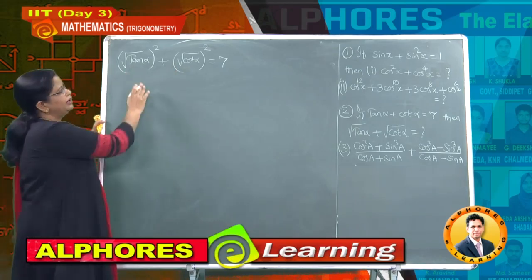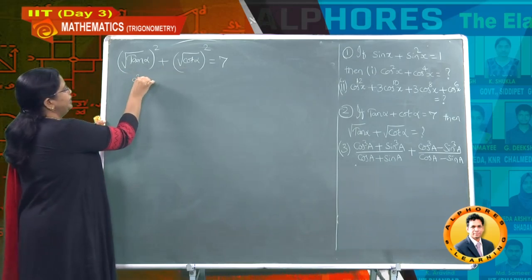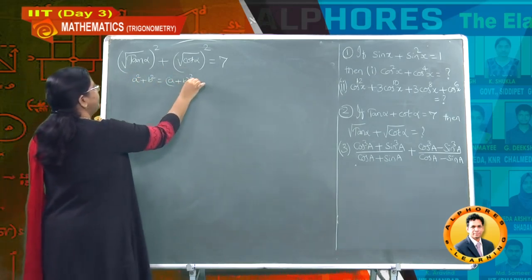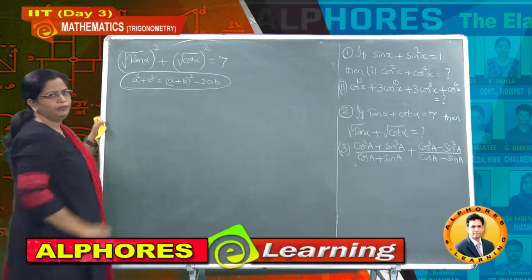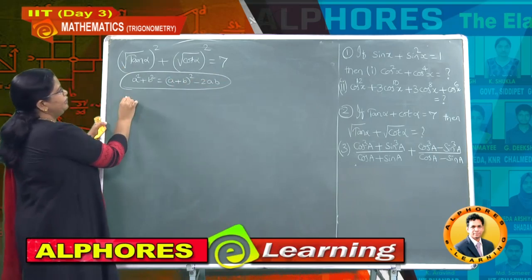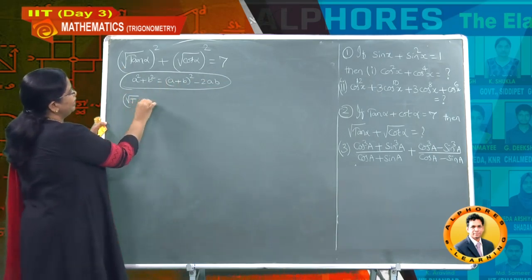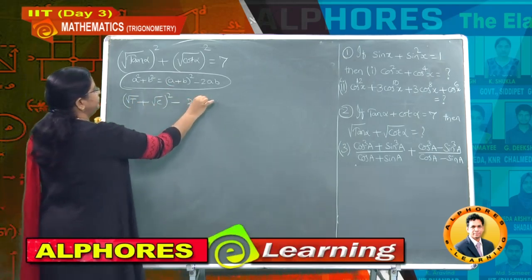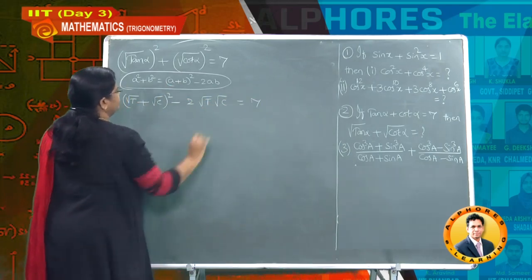Now this is of the form a square plus b square. A square plus b square means the value is a plus b whole square minus 2ab. So I want to make use of this formula here. Then this is nothing but root tan alpha plus root cot alpha whole square minus 2 root tan into root cot, and now this value is equal to 7.